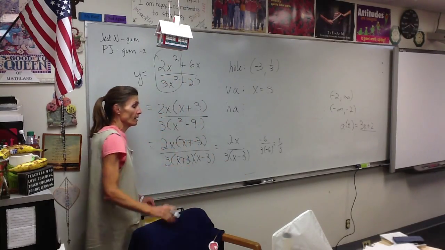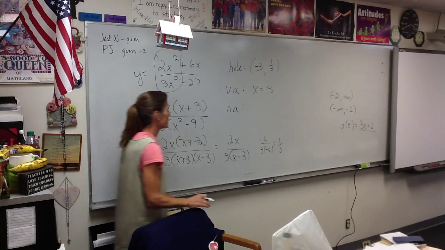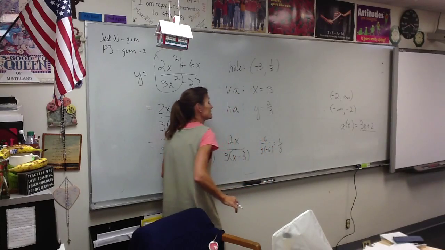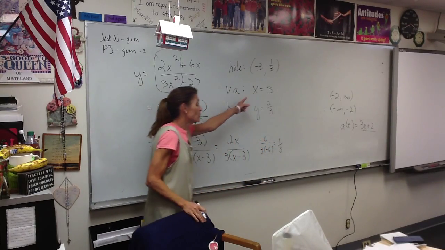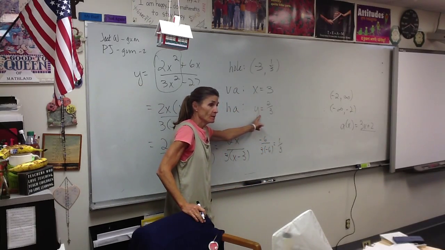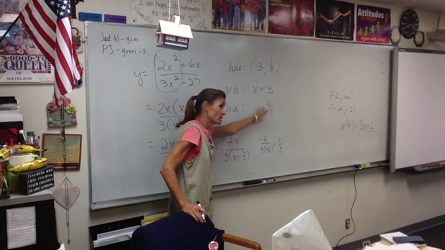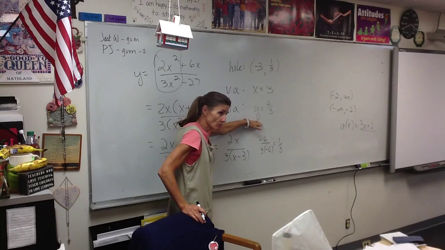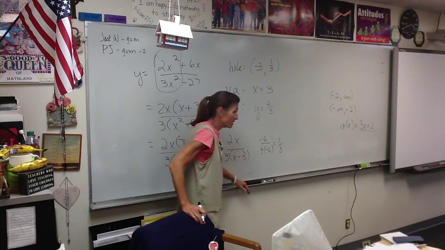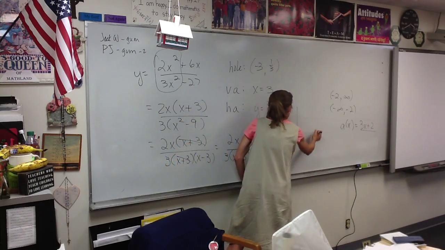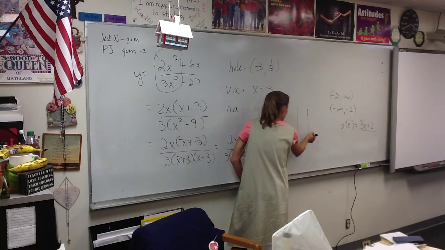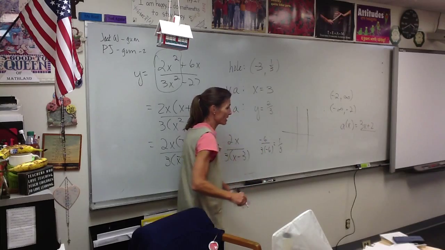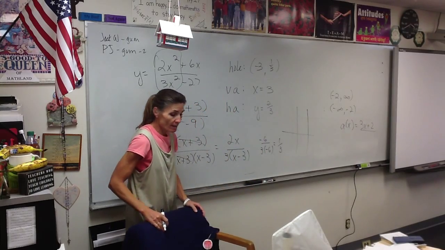Where's my horizontal asymptote? Y equals 2/3. Now it's going to be the dumbest points you miss if you don't write these as equations. You're going to miss half credit if you just put the numbers. Make sure it's x equals for the vertical, y equals for the horizontal. You're not going to get those confused. Vertical lines cross which axis? Whatever axis they cross, that's the letter they are. So if you're a vertical line, you're x equals.